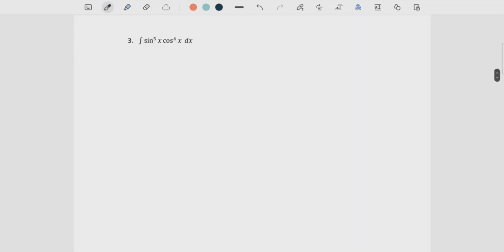Let's see if we can apply the same logic here. Well, for this one, we have the integral of sine to the 5x times cos to the 4x dx. So in your opinion, what do we do here? I'm asking you guys. I want your inputs on this. How should we go about solving this?